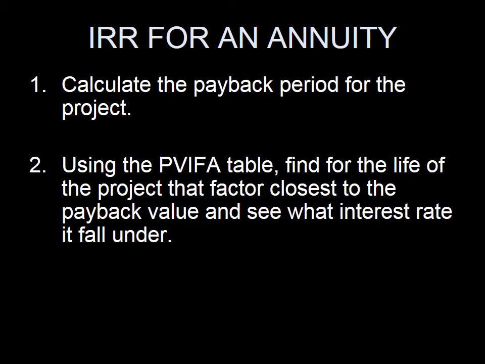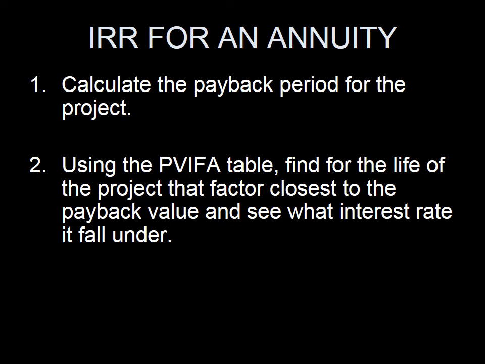If you have an annuity project where your net benefits are the same every single year, then finding the internal rate of return is simply a two-step process. First, you would calculate the payback for the project, and then you would look for that payback in the present value interest factor of annuity table, where N is equal to the life of the project.